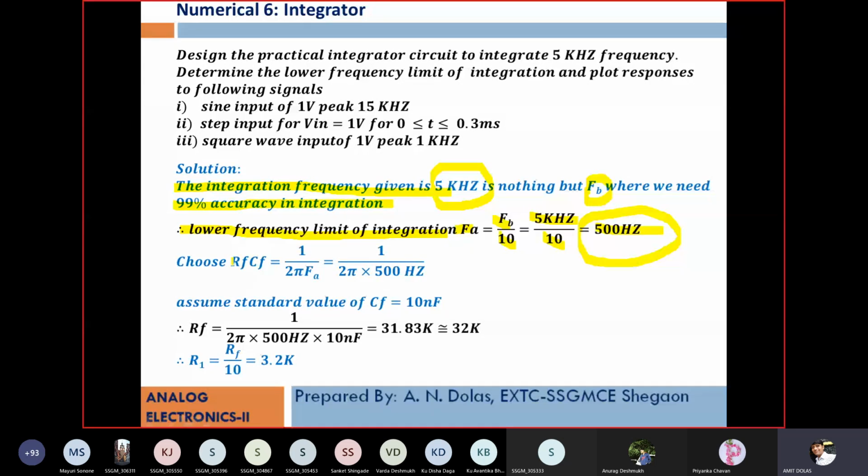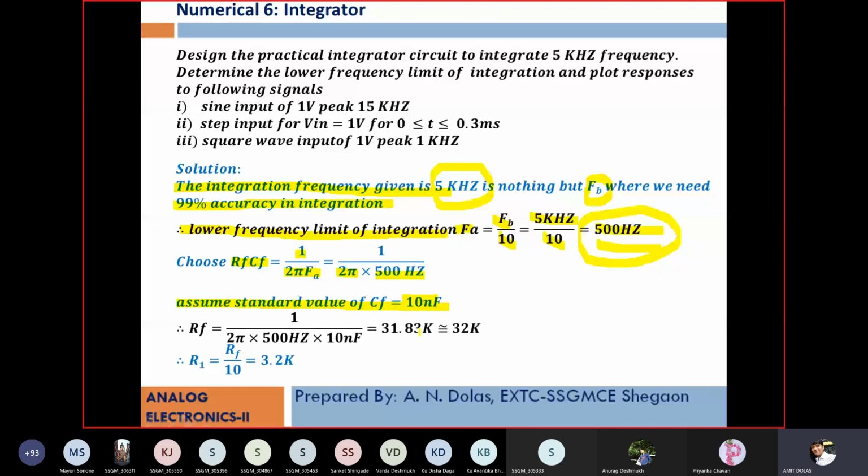So choose RF CF is equal to 1 over 2 pi FA, where FA is 500 hertz, as we calculated. Assuming a standard value of CF, that is 10 nanofarad, RF comes to 31.83K, approximated to 32K.